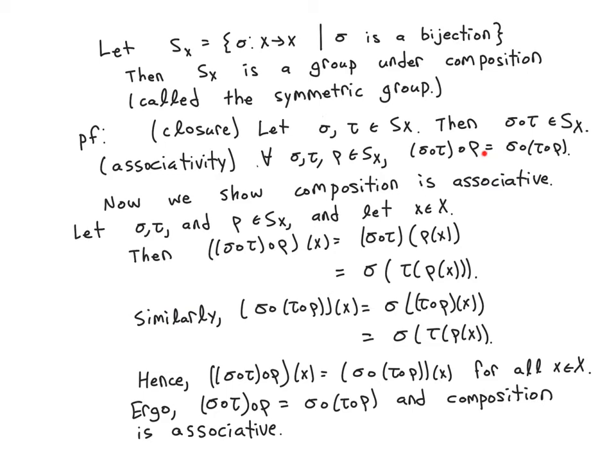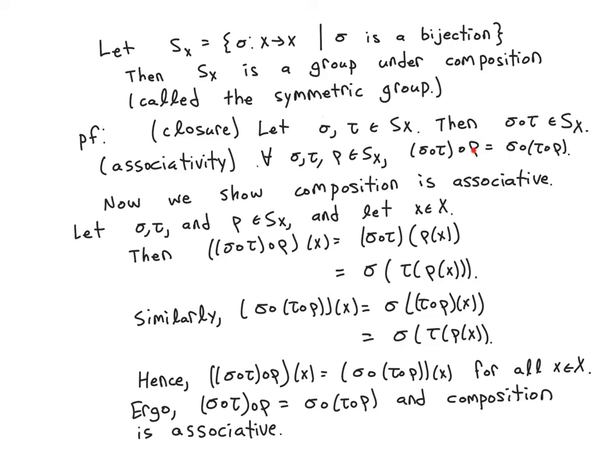Since the domain and codomain of all these functions is X, you can check that the domain and codomain of this double composition on both sides is X. So the only thing you need to check is that given any element in X, the value under this function is the same as the value under this function.